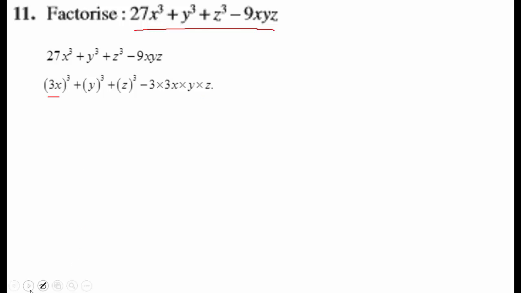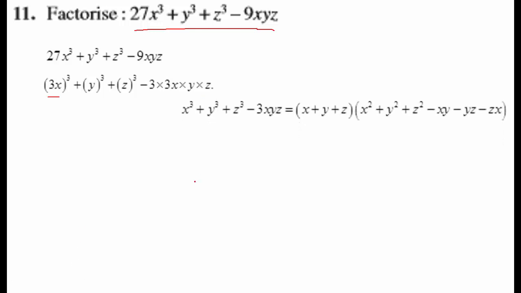Now apply the identity, that is x cube plus y cube plus z cube minus 3xyz equals (x plus y plus z) into (x square plus y square plus z square minus xy minus yz minus zx).